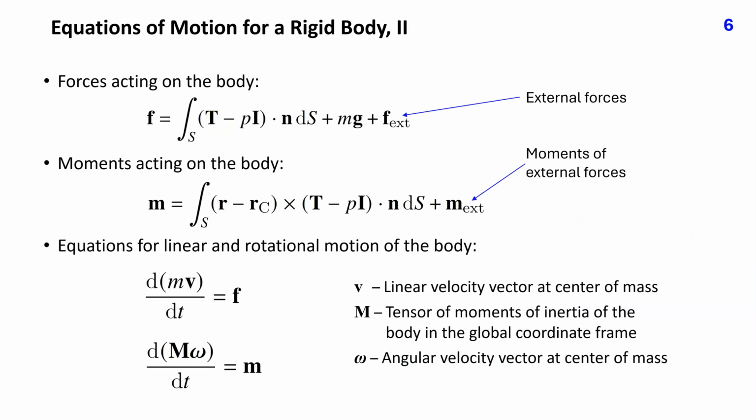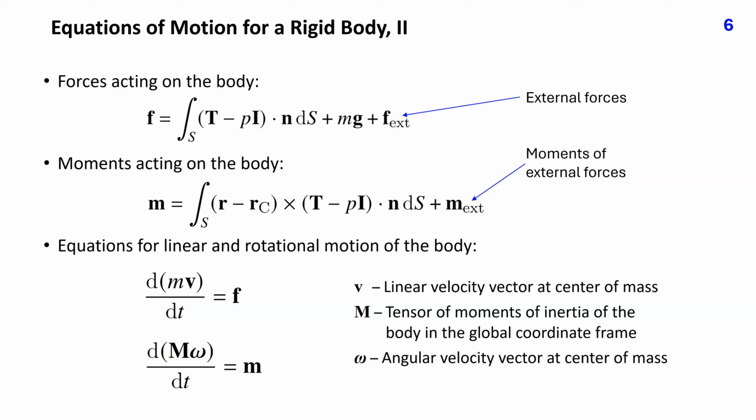The forces acting on the body are given by this expression. I is the unit tensor, and Fx is the resultant external force. To obtain moments of forces acting on the body, we need to compute the vector product of each force with the vector connecting the center of mass with the force action point defined by the position vector r.